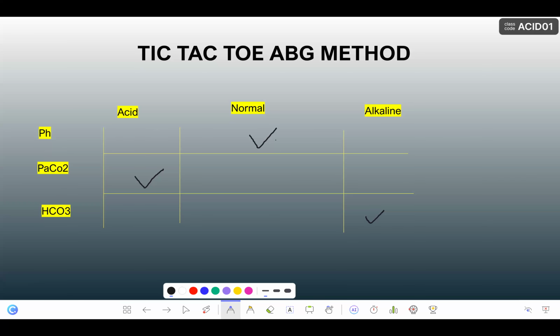In this case, it is more toward the alkaline side, and the alkaline side matches up with the bicarb. This is going to be, what do you guys think? This is metabolic alkalosis fully compensated.